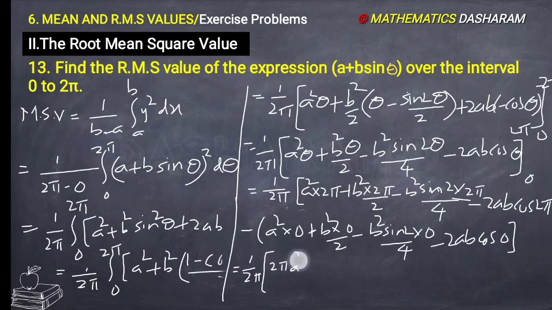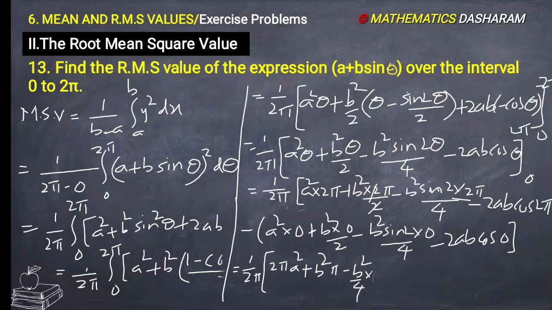a square plus here 2 cancel, b square pi minus b square by 4 into sin 2 into 2 pi is sin 4 pi, its value is 0. So 0 into b square by 4 is a total 0. Okay.